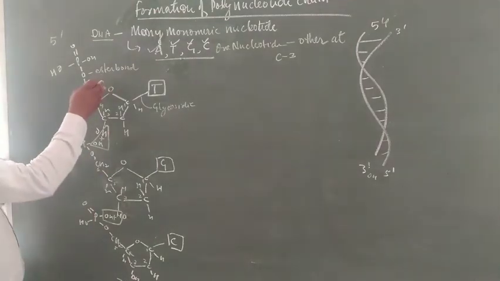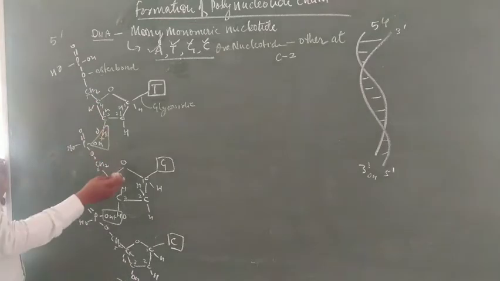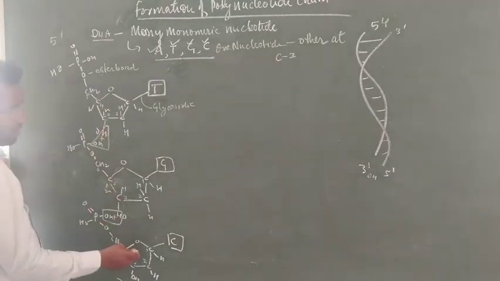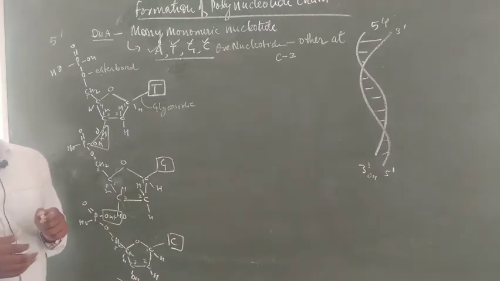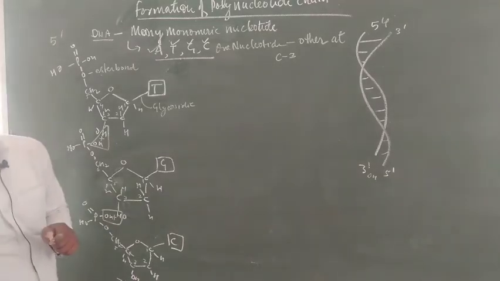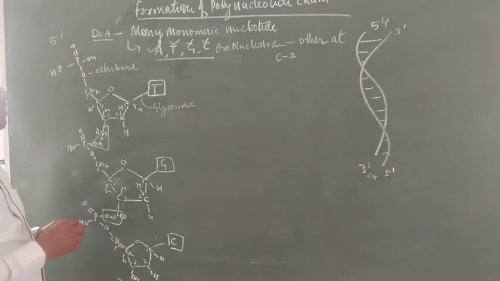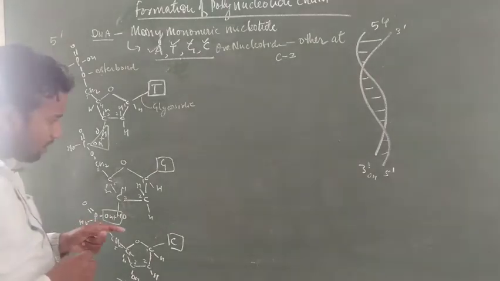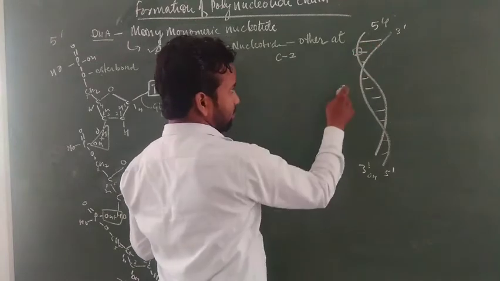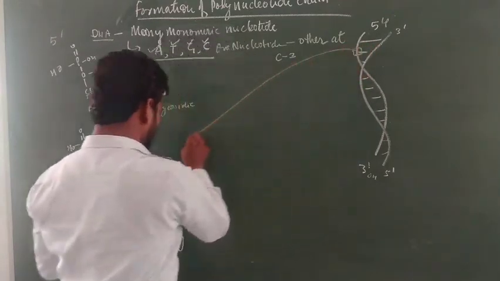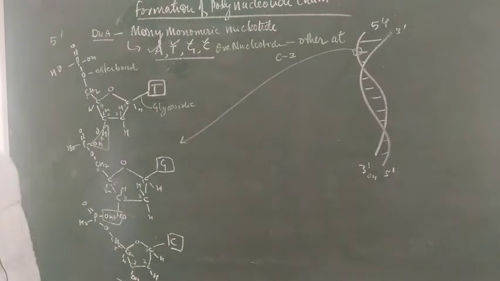You can see each and every nucleotide one by one they are joined together, they form polynucleotides. Generally the length of DNA is measured by how many nucleotides are joined in the DNA.